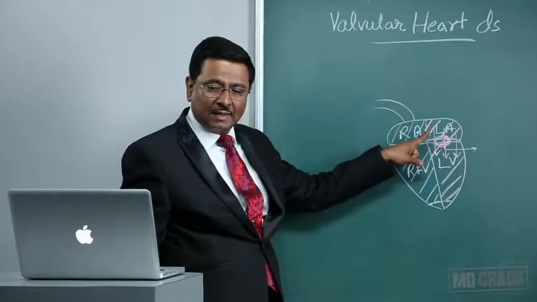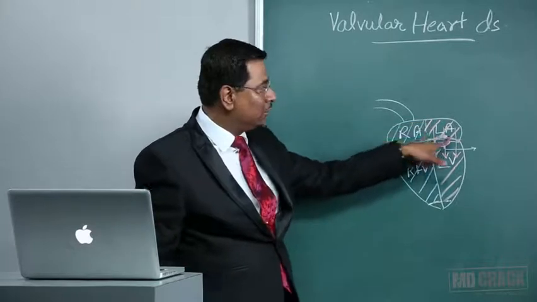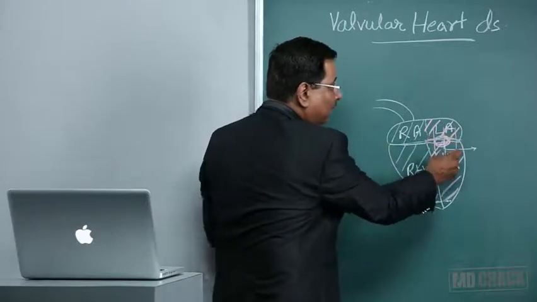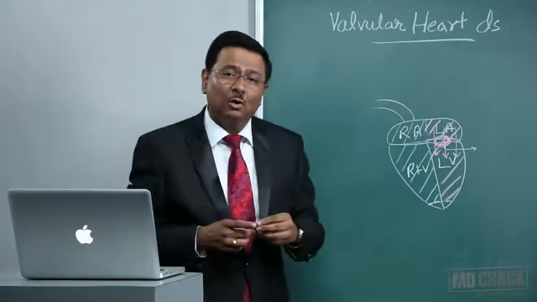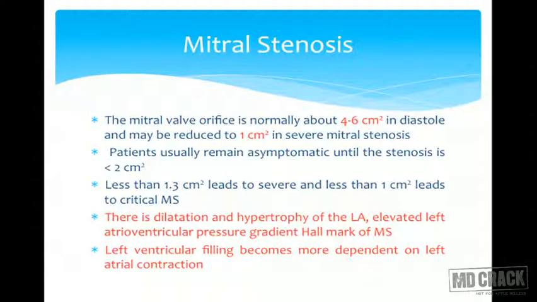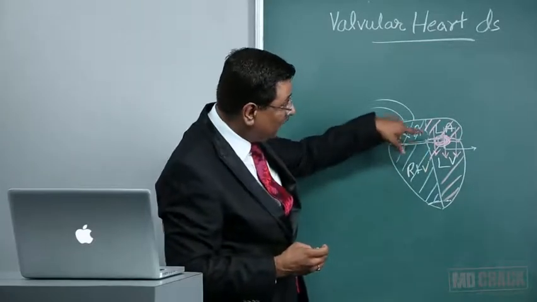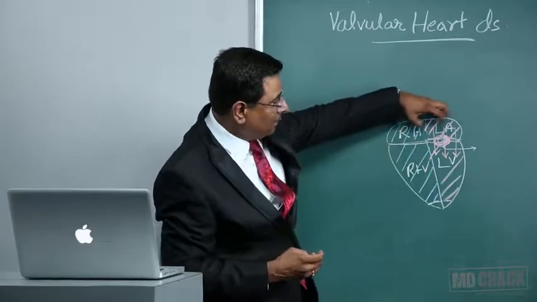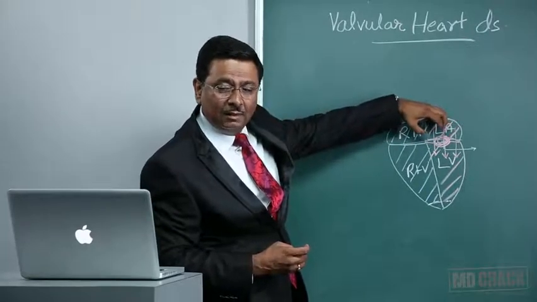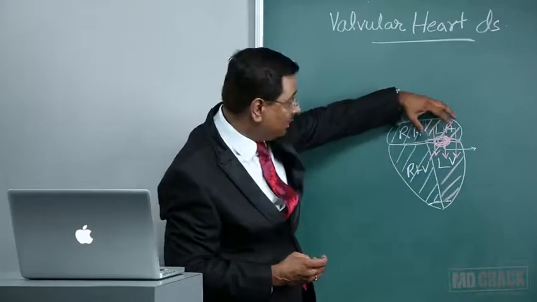So therefore, as I have already said, there is dilatation and hypertrophy of the left atrium, and elevated left atrioventricular pressure is the hallmark of mitral stenosis. Left ventricular filling becomes more dependent on left atrial contraction. You can understand, as the stenosis progresses, the filling in the left ventricle will depend on how much pressure left atrium can generate. So in other words, left ventricular filling becomes more dependent on left atrial contraction.